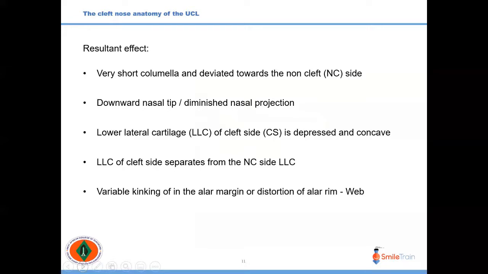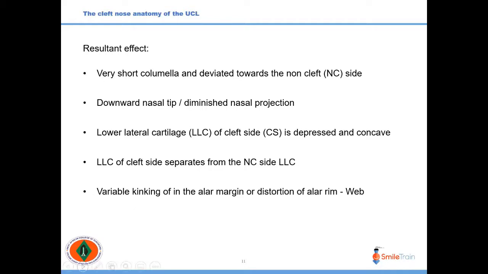Now, this deficiency may result in what we see, such as the shortened columella on the cleft side, and the columella also deviated to the non-cleft side, the depression of the nasal tip, and the lower lateral cartilage of the cleft side is depressed and concave, which is seen as the flaring of the alar nasi.